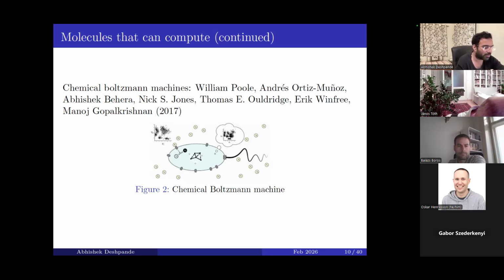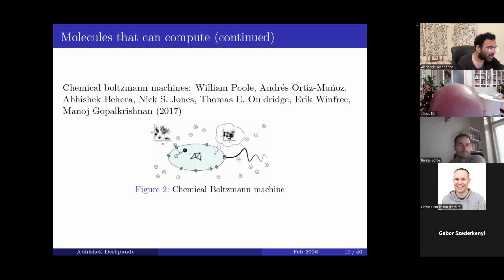Can you build Boltzmann machines where you can model probability distributions, so not just deterministic stuff, but you can also use reaction networks with clamping of species to actually model conditional probability distributions. So that's what they do in chemical Boltzmann machines, right? So all this body of work exists, and this work takes it one step further by implementing a different algorithm.